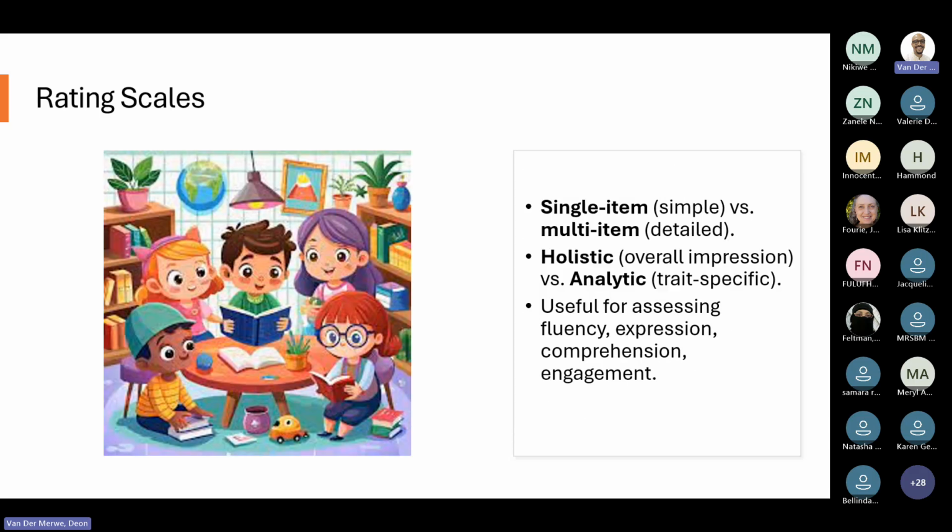And then we also have the rating scales, and rating scales provide a more detailed view of reading performance than simple checklists. And the reason, therefore, is because it's quite holistic. One overall score, how well the learner reads the passage. And it also allows for analysis because it breaks performances into parts.